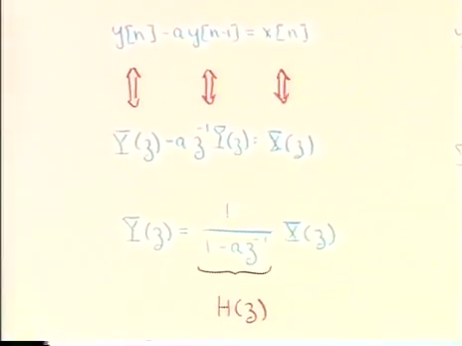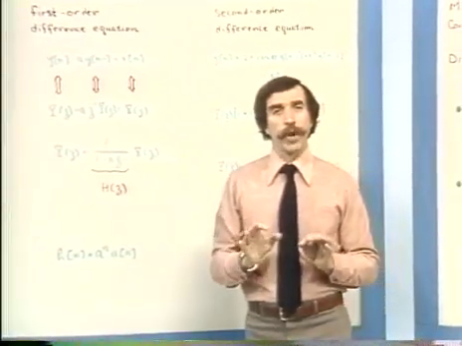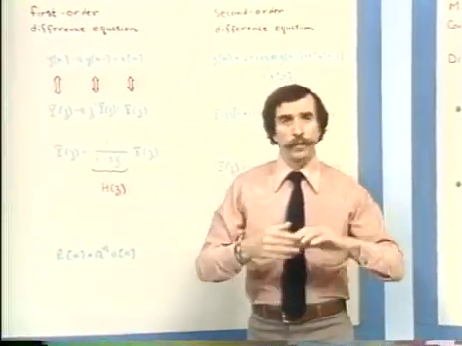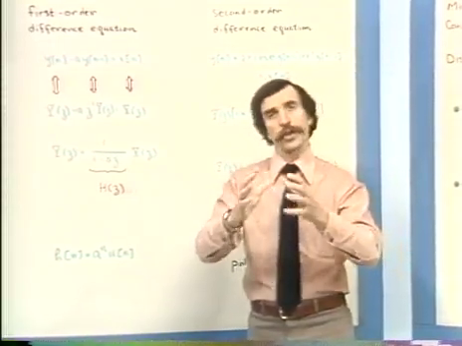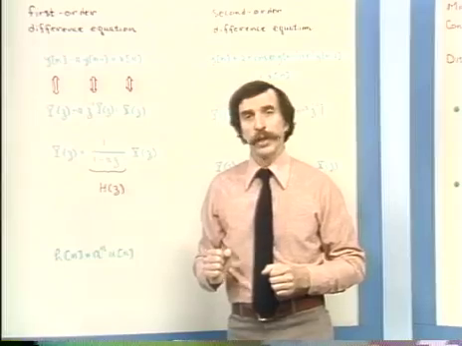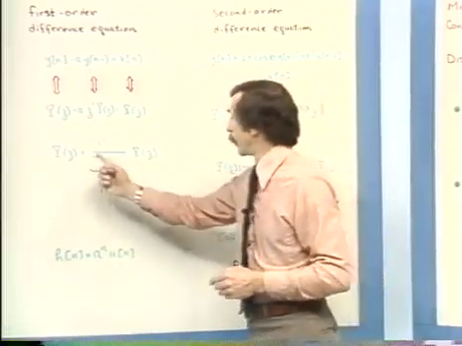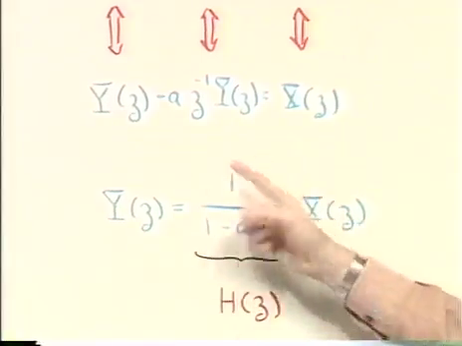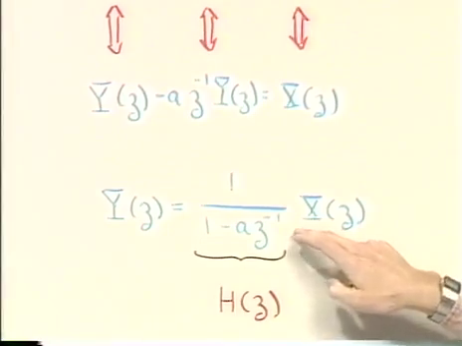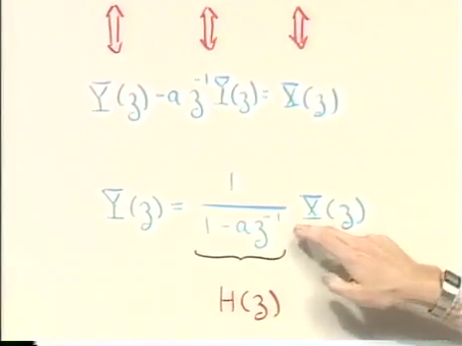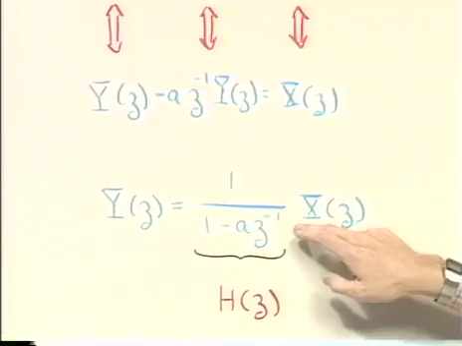Now, what we know from the convolution property is that for a system, the Z-transform of the output is the system function times the Z-transform of the input. So this factor that we have must correspond to the system function, or equivalently, the Z-transform of the impulse response of the system.